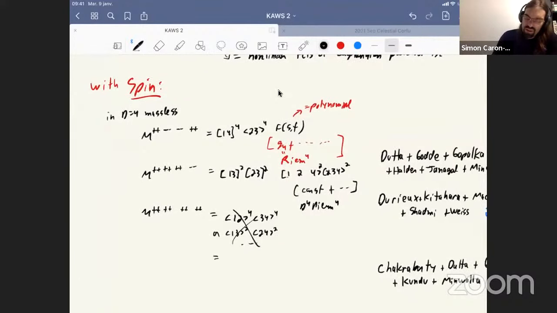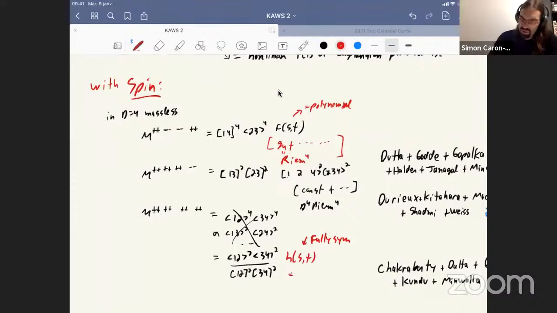But you can do a nice ansatz where you can also write them in a crossing symmetric form, times H of S, T. This thing is fully symmetrical, but it has to be proportional to at least 4 powers of Mandelstams for each.